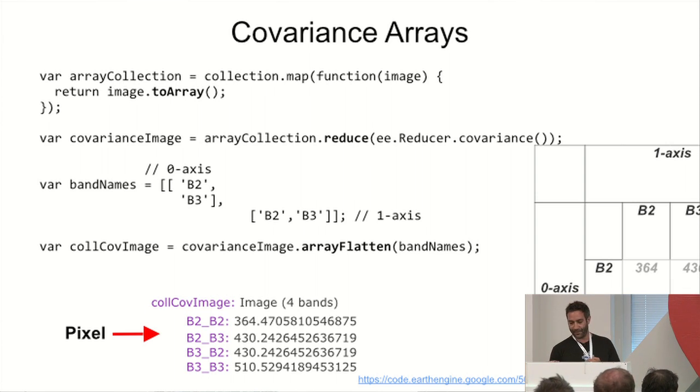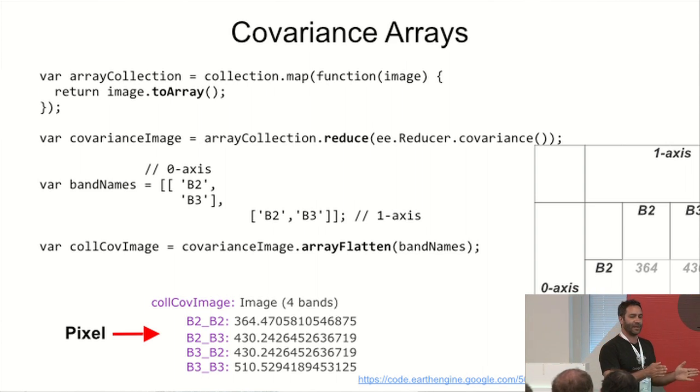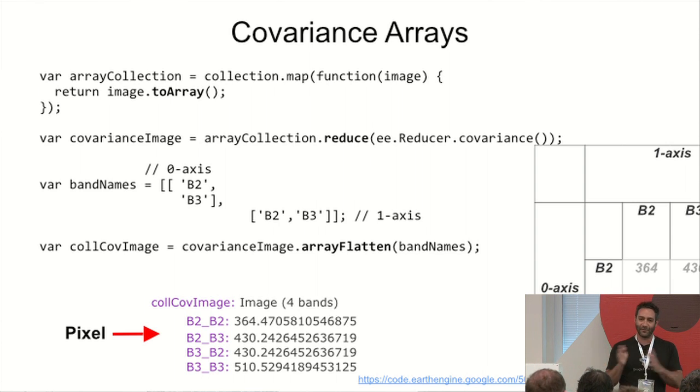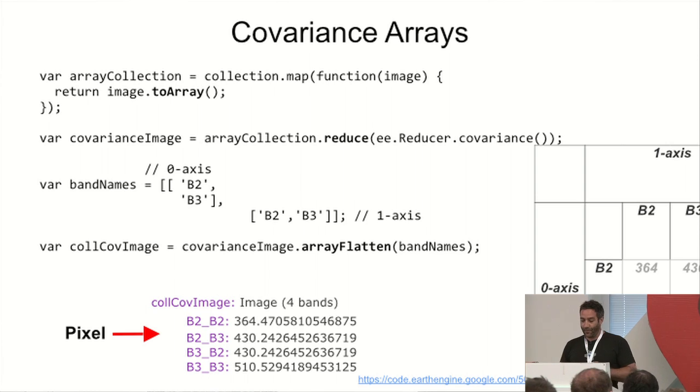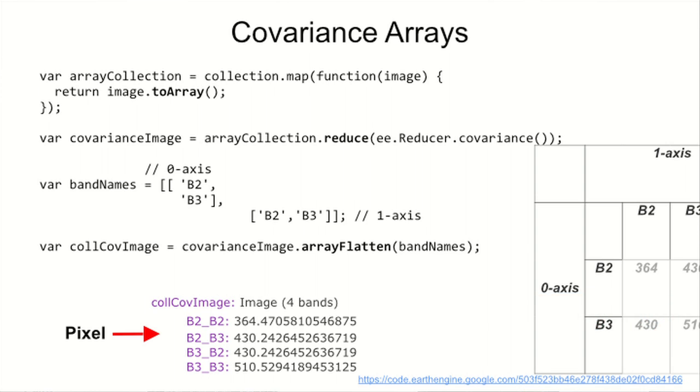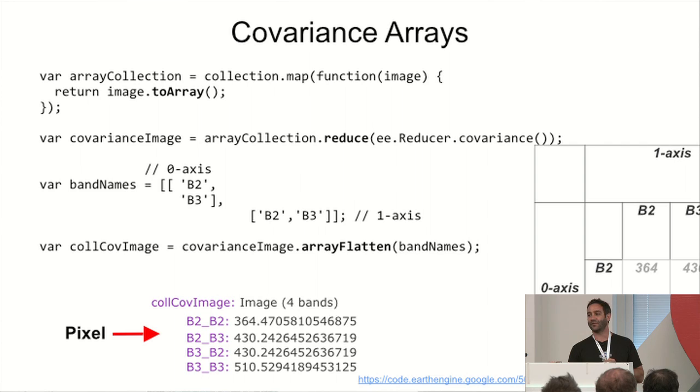The B2 band is the variance in band 2, the B3 band is the variance in band 3, and the off-diagonal elements are the covariance between band 2 and band 3, which is the same as the covariance between band 3 and band 2. That's why you need these 2 lists, and you give those 2 lists to arrayFlatten, and what you get out is this multi-band image with these names that I just described. So that is covariance over time.